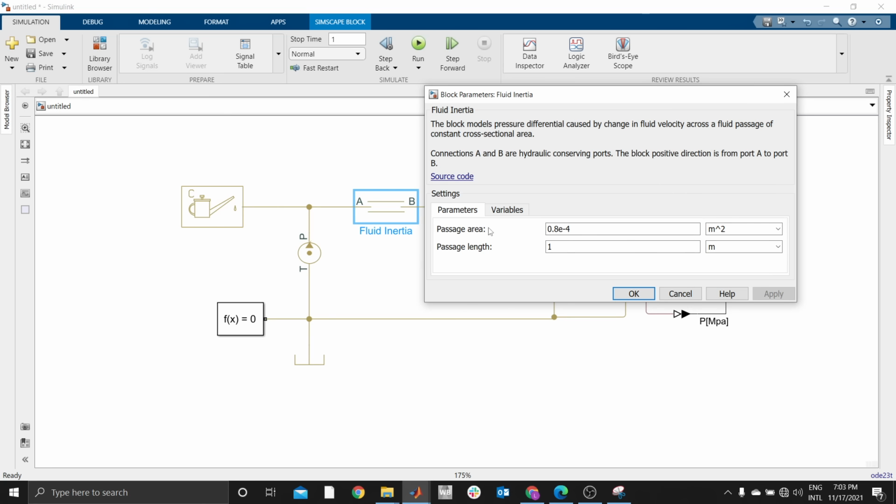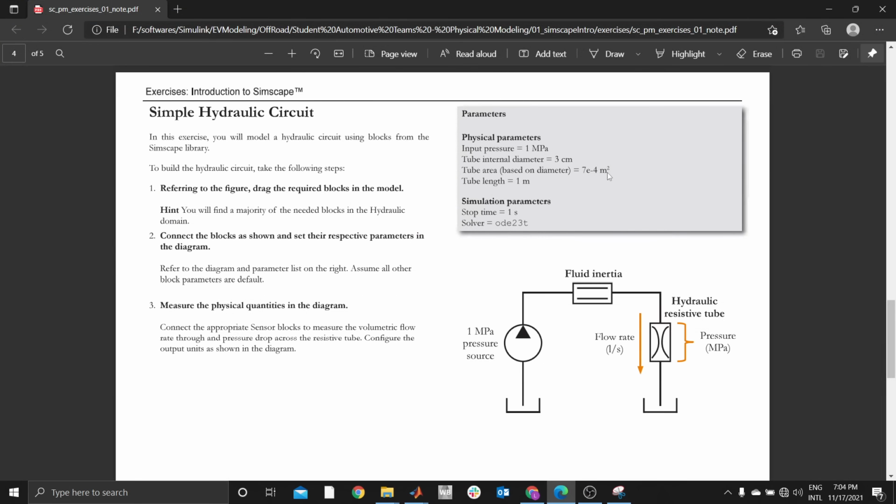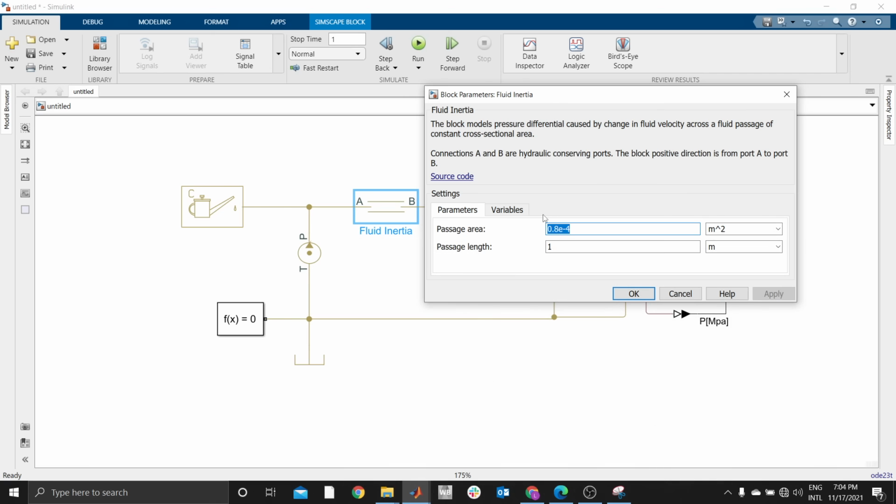The passage area here we didn't define. We forgot to define this as indicated here. This 7. Yeah, we are supposed to define it. The passage length of 1. You define here. Okay. Therefore, that's what we forgot.